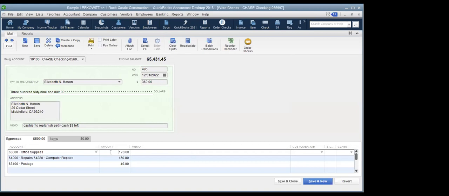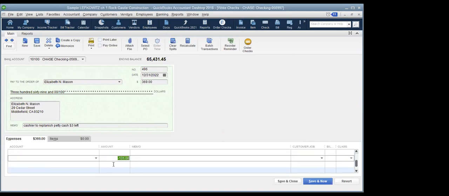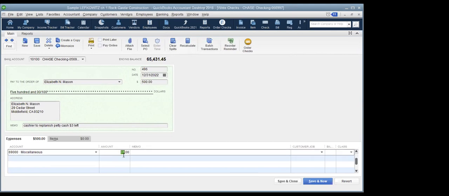Okay, so now we have 170 plus 150 plus 49 plus 100 plus 31. And the amount should be recalculated. Okay, so this is the full 500, but I'm wrong. It should not be 500.